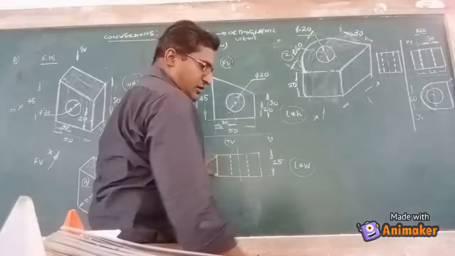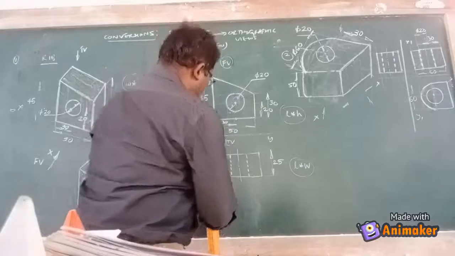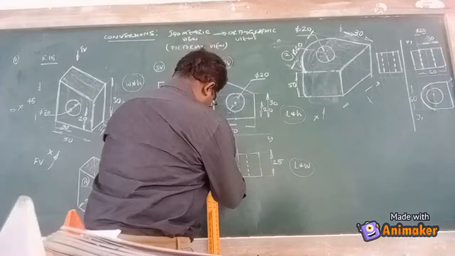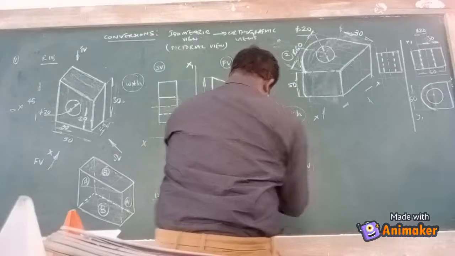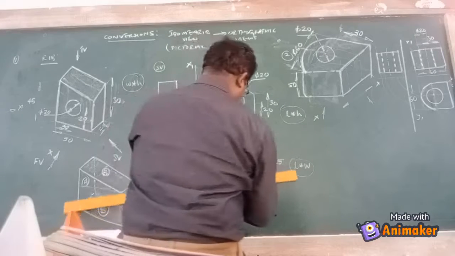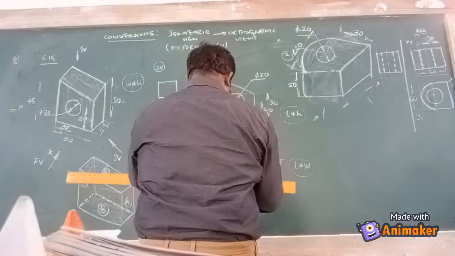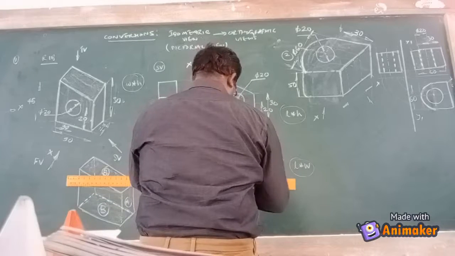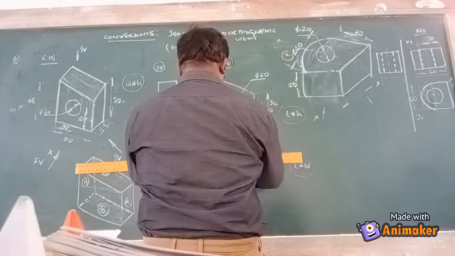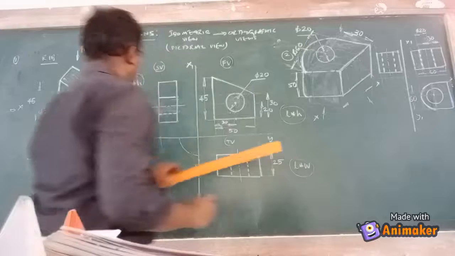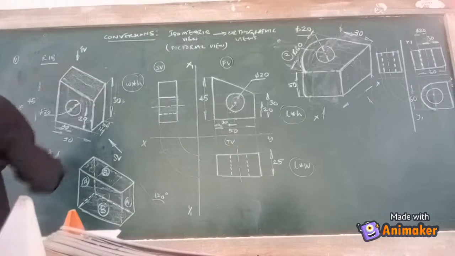So measure a length of 25 mm from respective edges, and draw the, so this is the 25. If you see this, same thickness can be incorporated here.